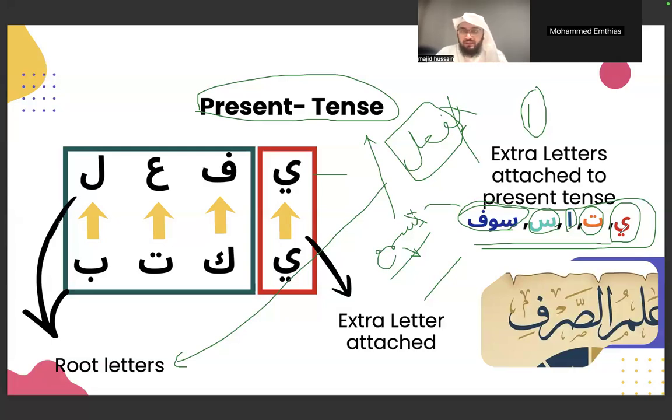We cancel out these letters, whether it may be ya, ta, alif, sin, or sofa. We cancel them out, and the remaining three letters will be our root letters. This is a simple way of finding the root letters of verbs from past tense and present tense.